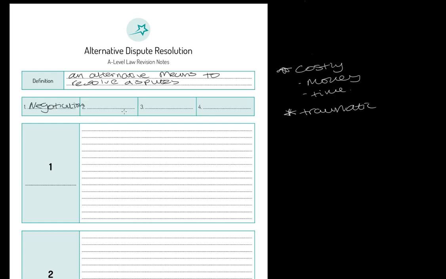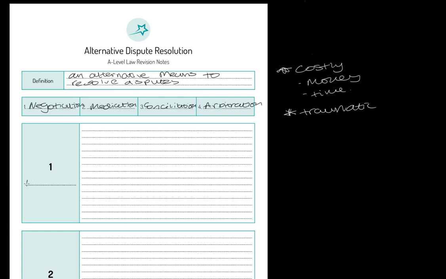We've then got mediation. The third type is, I can never spell this word, conciliation. And the fourth is arbitration. So we're going to jump straight into the first one.